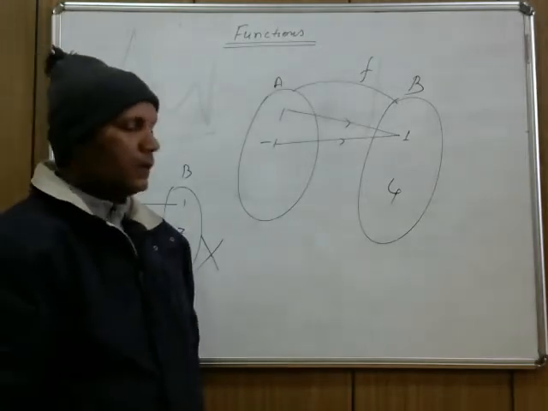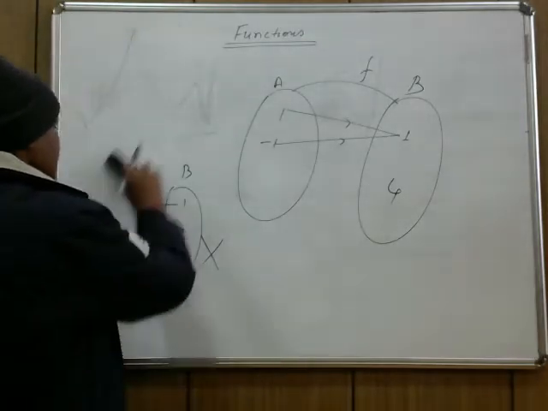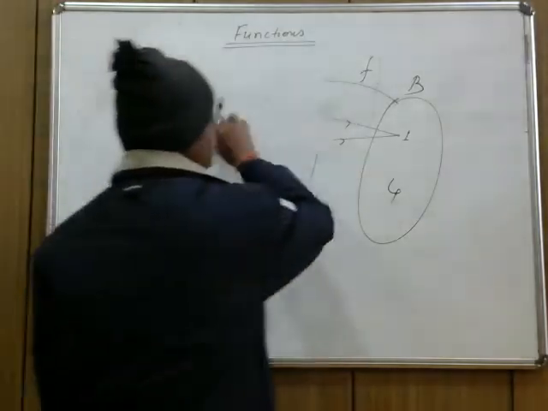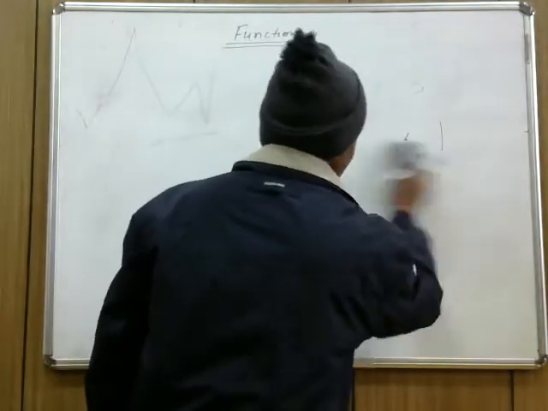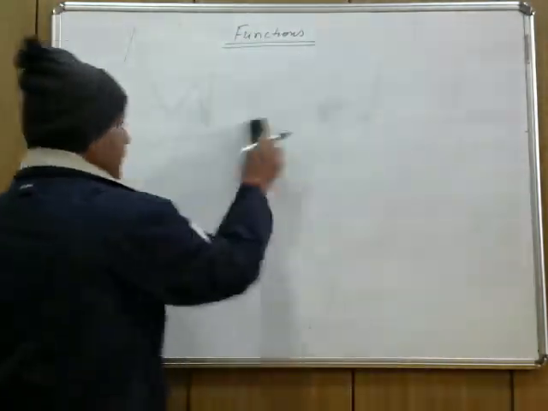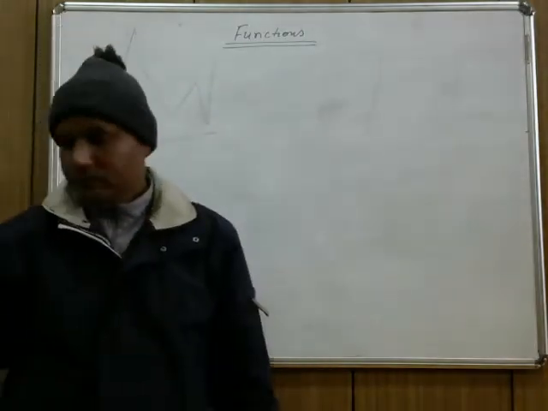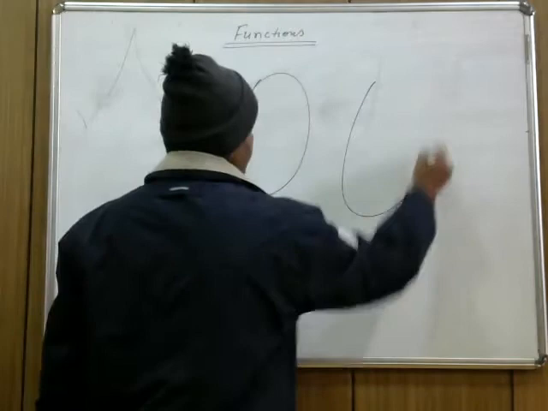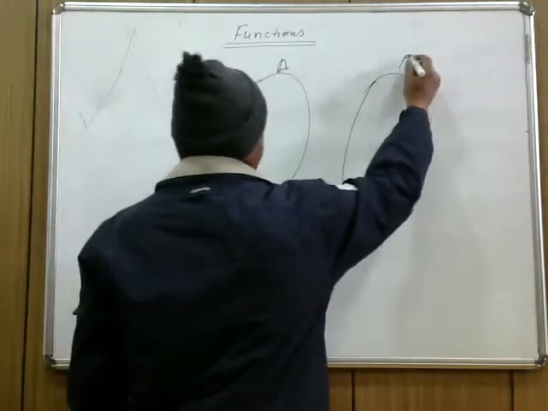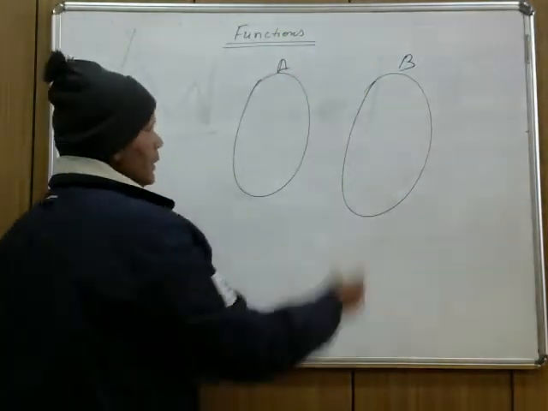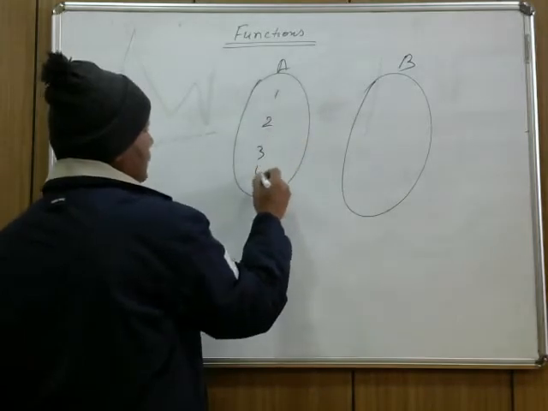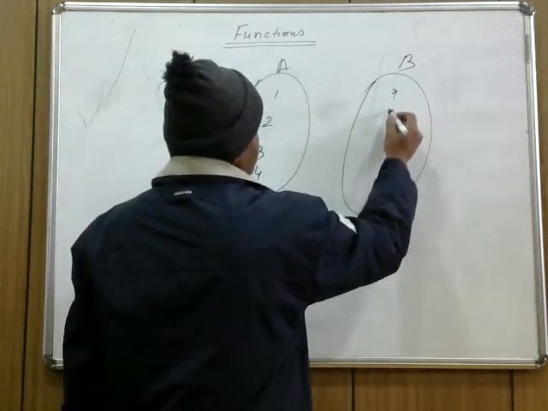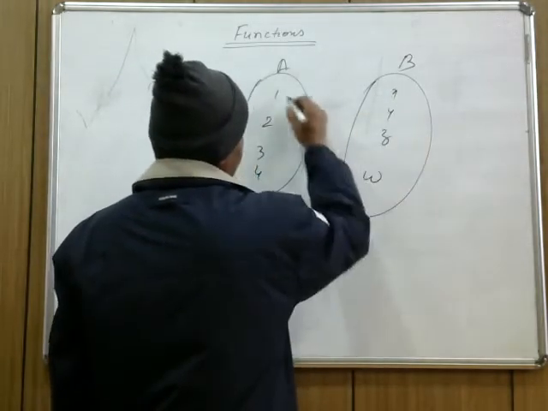Right? Now, the second thing I will discuss is the type of function. A and B. Now see, if I write 1, 2, 3 and 4, x, y, z, w.